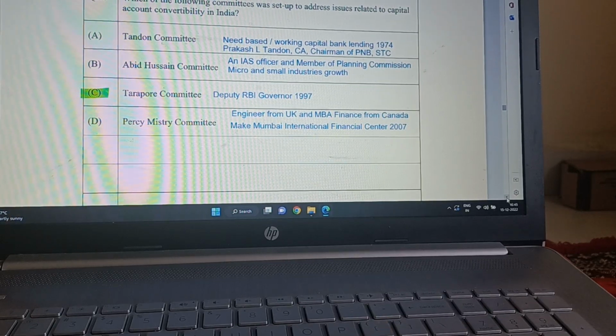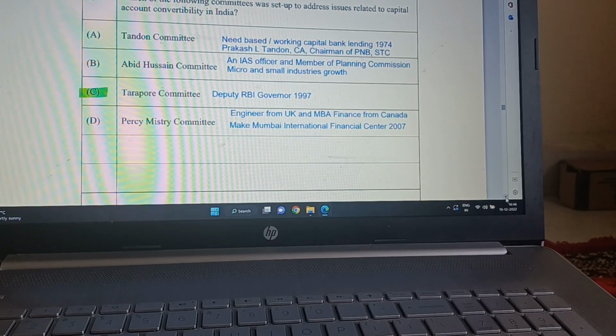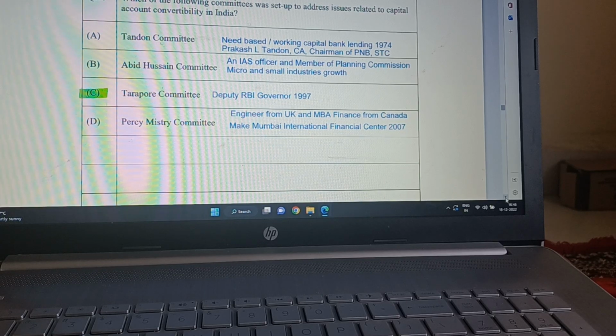Next question is, which of the following committees was set up to address issues related to capital account convertibility in India? So this is capital account convertibility. It is related to balance of payments, and balance of payments is related to foreign.